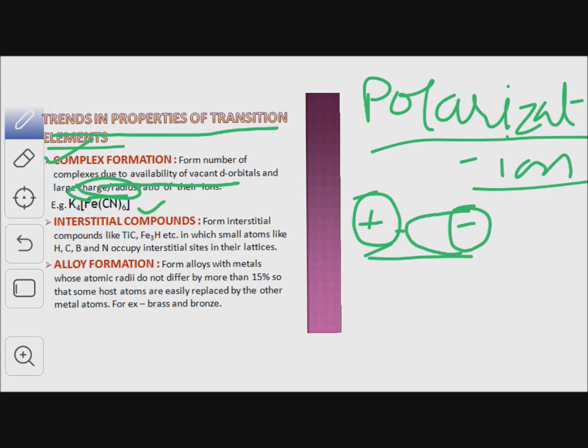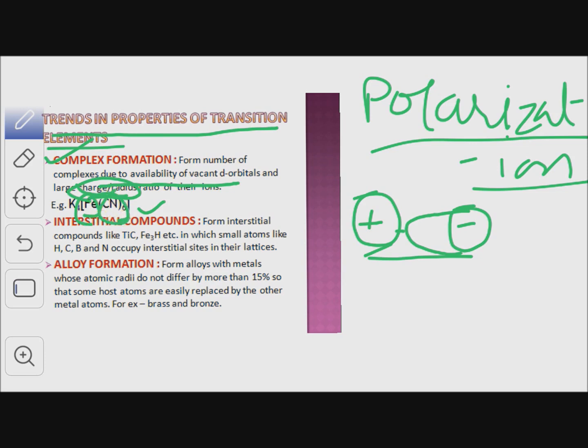For example, K4[Fe(CN)6]. It is a complex compound in which 6 CN negative ions are attached to iron. Iron is the central atom here, and the CN negative ions are called ligands.